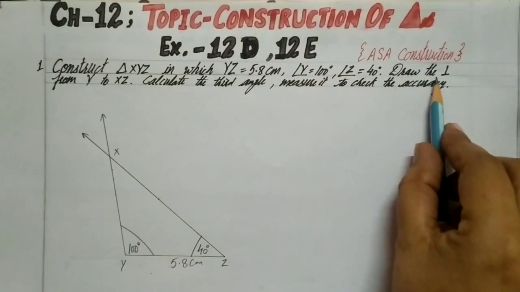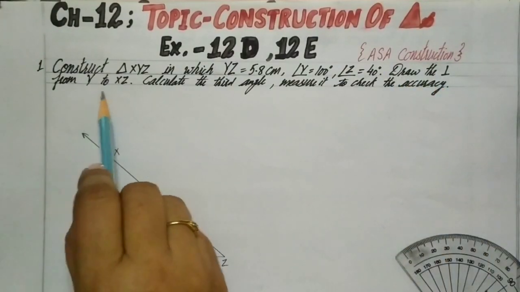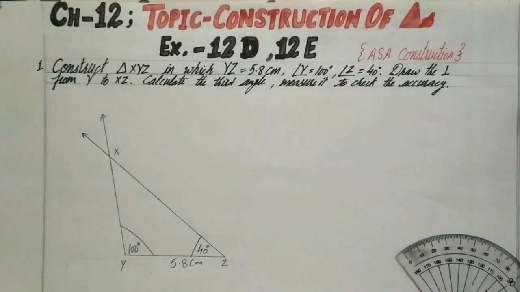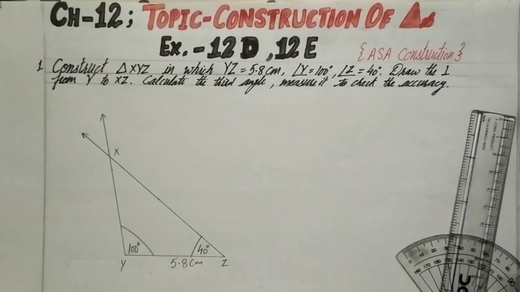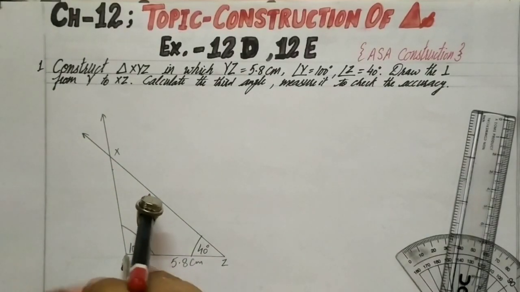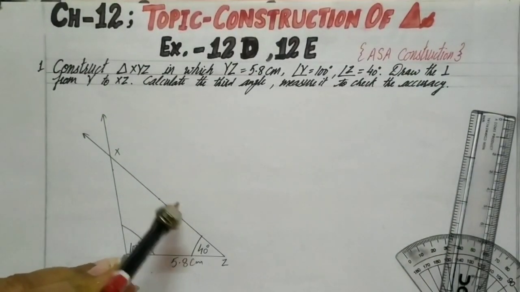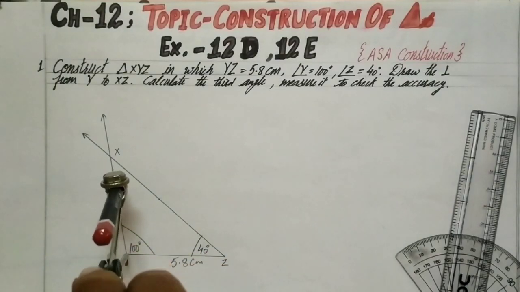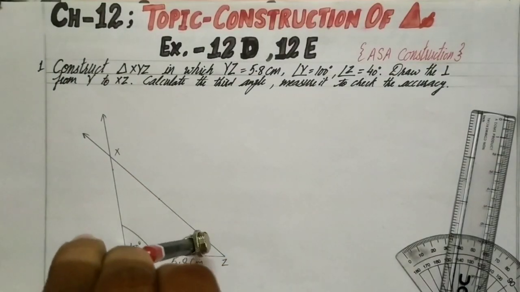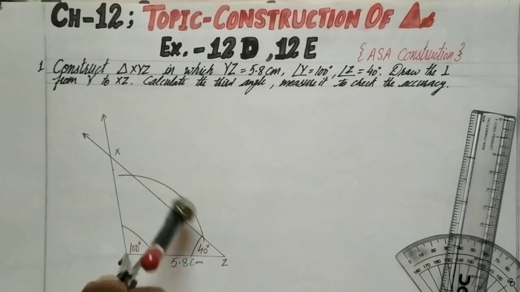Second step is to draw the perpendicular from Y to XZ. Perpendicular means we have to draw a segment with starting point Y which must be at a right angle on ZX. So now put the pin of your compass at Y, then open your compass to mark a convenient arc of the circle on ZX. It's like this.